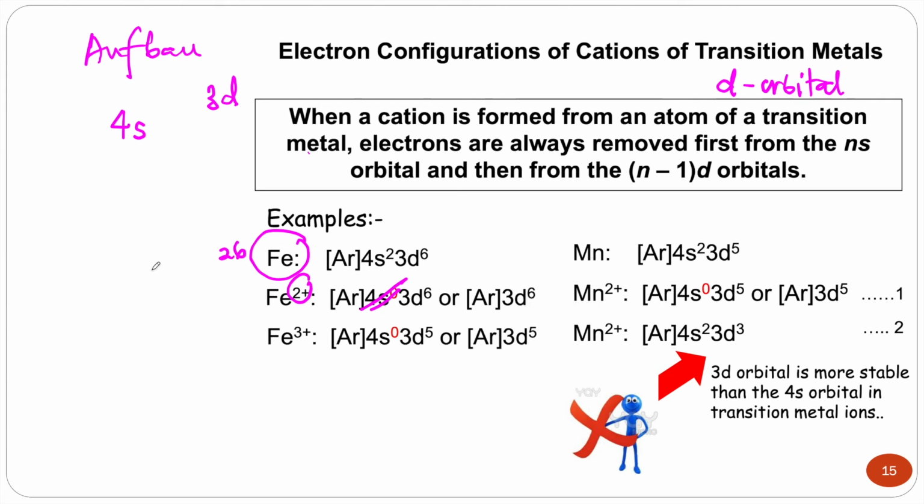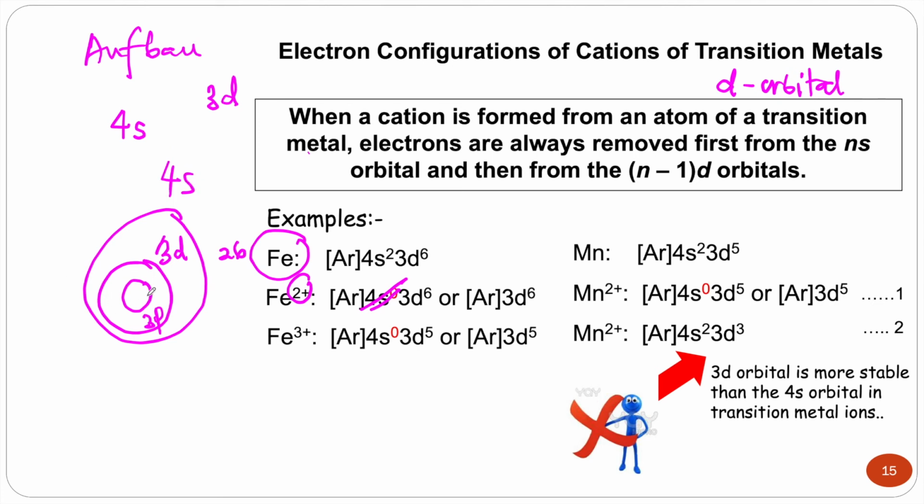Why? Because let's say this is the 3p orbitals, and after 3p is the 3d, and then followed by the 4s. This is how we arrange the atomic orbitals. So you need to remove electrons from the outermost orbital. Because we want to remove 2 electrons, we start from the 4s.